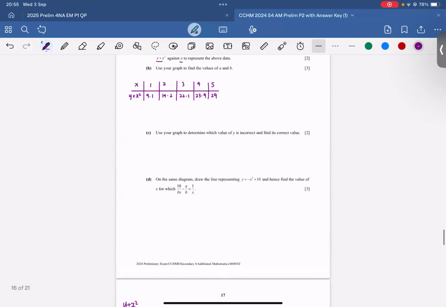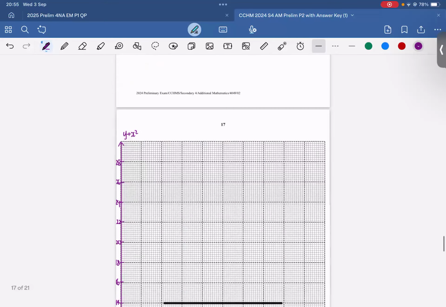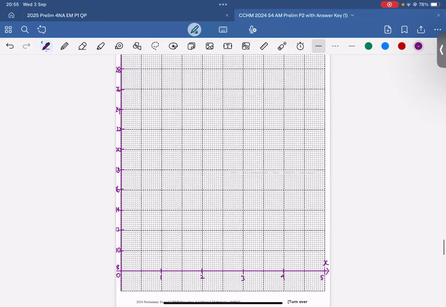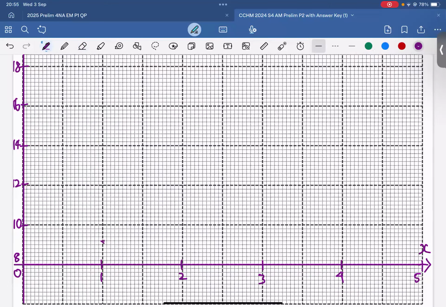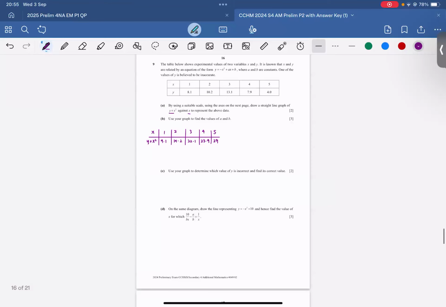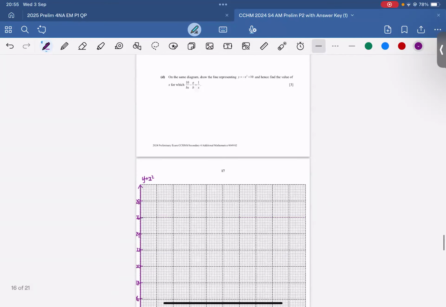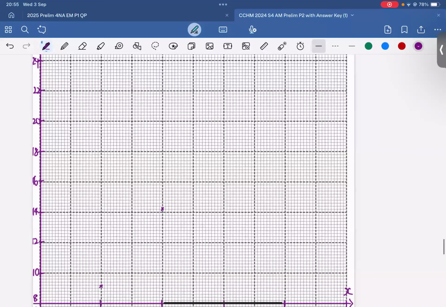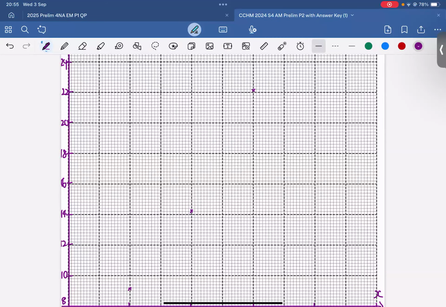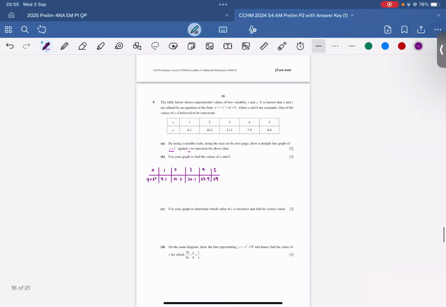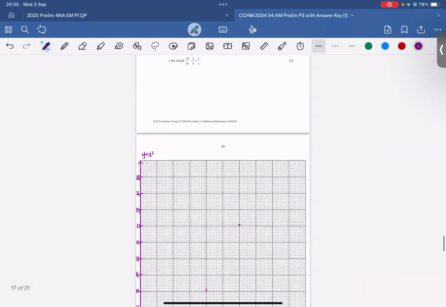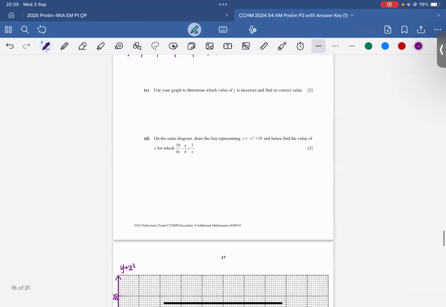Okay. So 1, 9.1 is about here. Next, 2, 14.2. 3, 22.1. 4, 23.9. 5, 29.